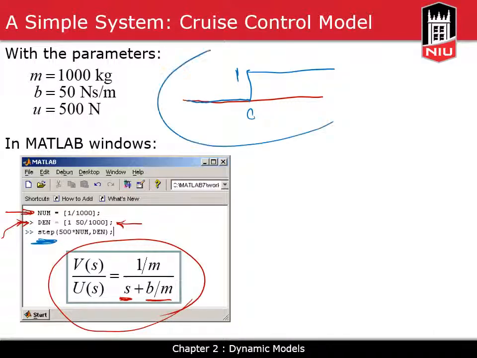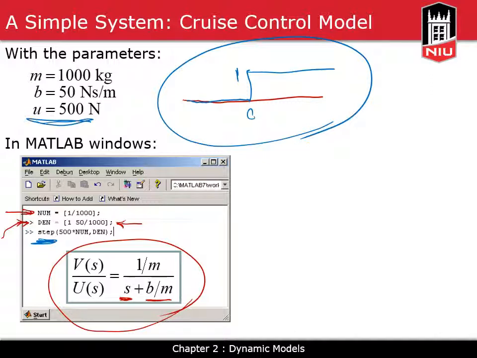So if the input is this in the time domain, what is our input now? You see u, we say it's 500 newtons, but we are assuming that that input is not applied before time 0. So basically, our input is 0 before time 0 and then jumps to 500 newtons. So the input that we are considering in this example is 500 times the unit step function.